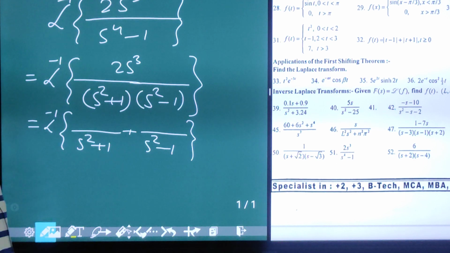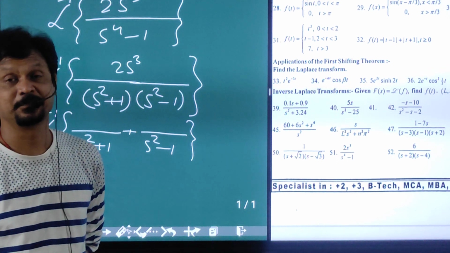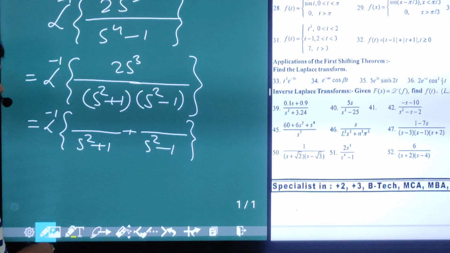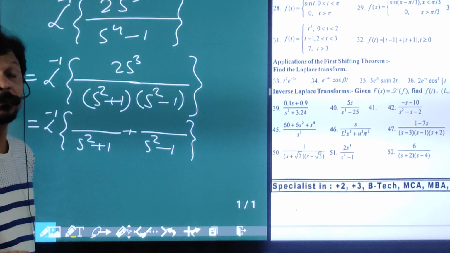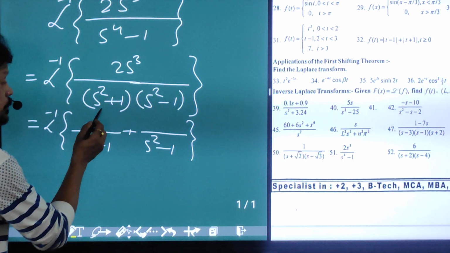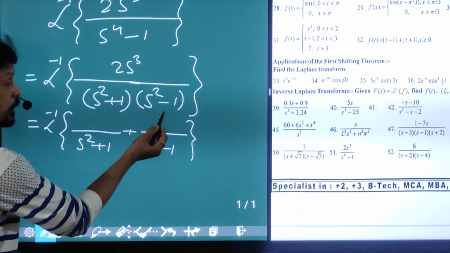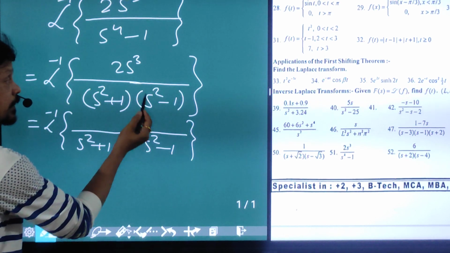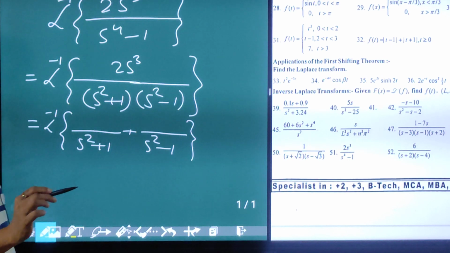How I am doing this one, please listen carefully. What should be multiplied to this factor and what should be multiplied to this factor so that their sum will be 2s cube.